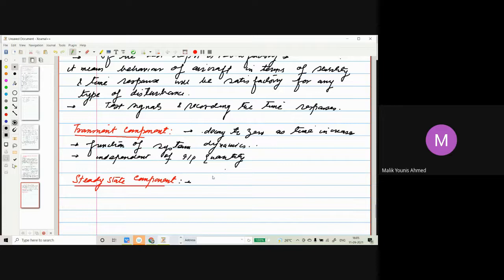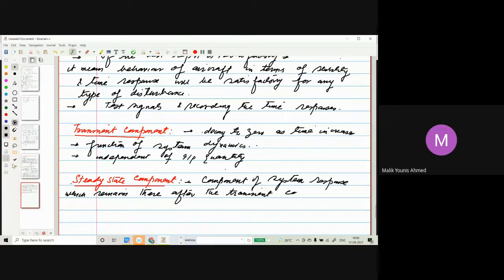This is the component of the system response which remains there after the transient component has decayed.